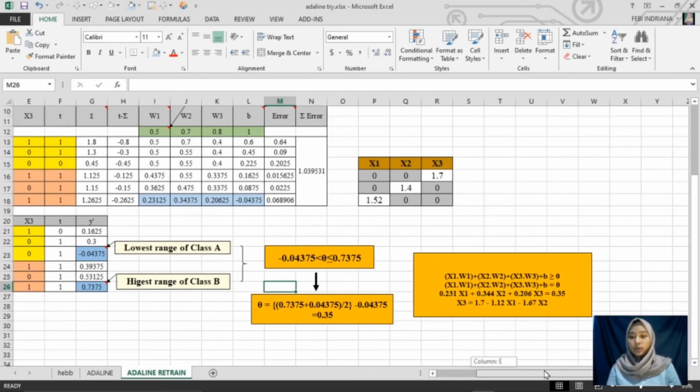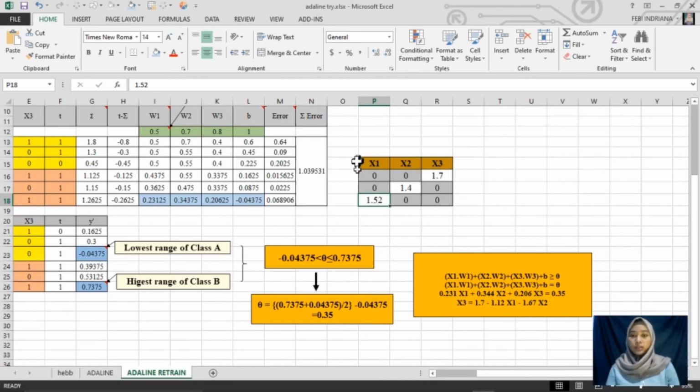Then we can use the value of theta to determine the equation, and we obtain that x3 equals 1.7 minus 1.12 x1 minus 1.67 x2. After we know this equation, we can know the coordinates x1, x2, and x3 like the previous instruction given.